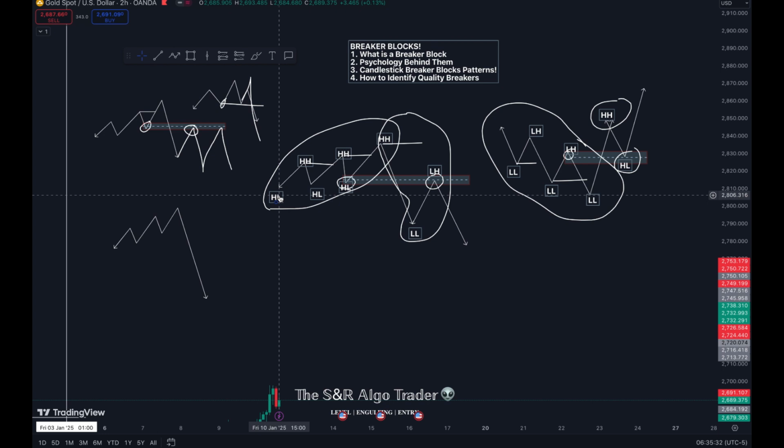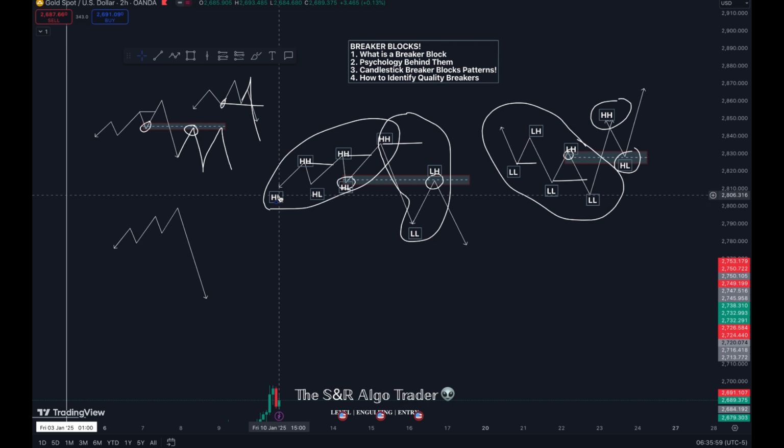So the psychology behind them: the breaker block changes the direction of the market. A higher high breaks to become a higher low, then causes a market structure shift, then a breaker block. That's the demand turning into a supply. Then a lower low breaks a lower high, causes a market structure shift that becomes a breaker block. Then supply turns into demand.